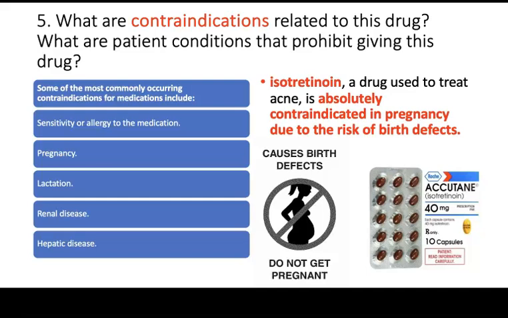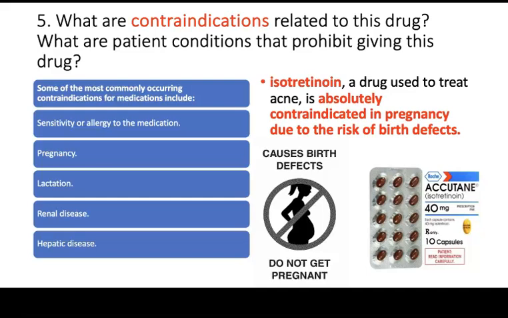So maybe here's an example you're familiar with: the medication Accutane, which is used very effectively to treat acne. It is absolutely contraindicated in pregnancy because of the potential birth defects. Really to the point that if a person is taking Accutane, we have to be very cognizant of the degree of potential risk for getting pregnant.